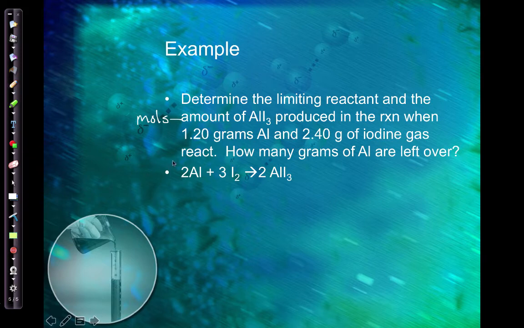Okay, so I know it's a limiting reactant problem. It says that it is, but also because it has two amounts of my reactants. So I have 1.2 grams of aluminum, and I have 2.4 grams of iodine gas, so I2. I want to go to my product, so my moles of AlI3. Well, if I want to go from grams of this to moles of that, I have to go through the mole.